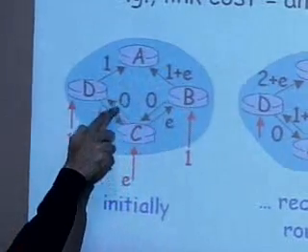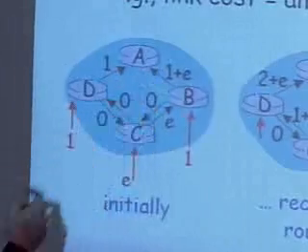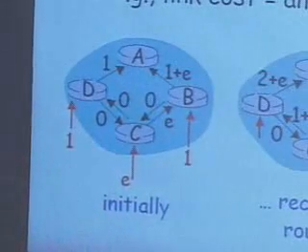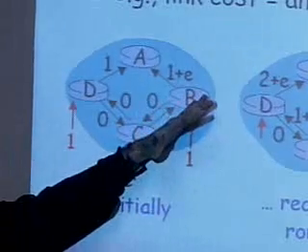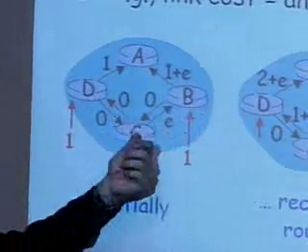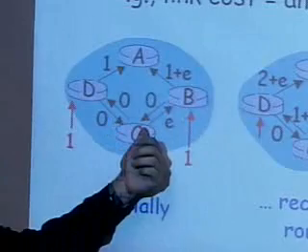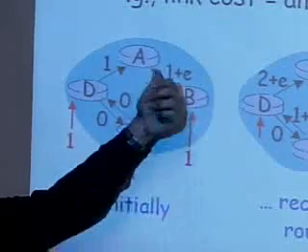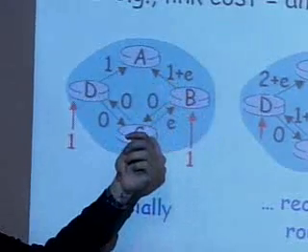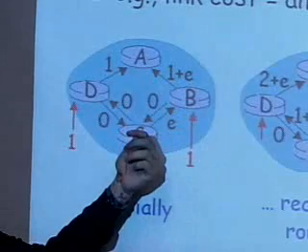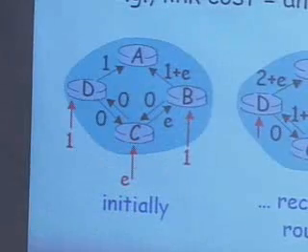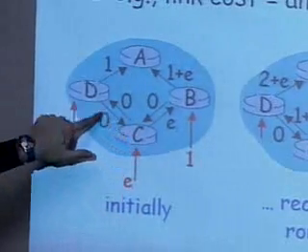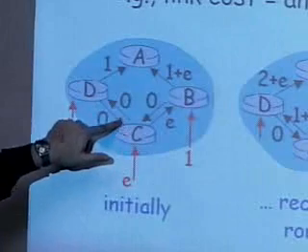Both paths have 0 plus 1, a cost of 1. It chooses one of them. It could be this one. Now the cost of this path becomes 1 plus 2e. Right, because E is going through this path. As soon as that happens, C will realize that it has a better path available here.